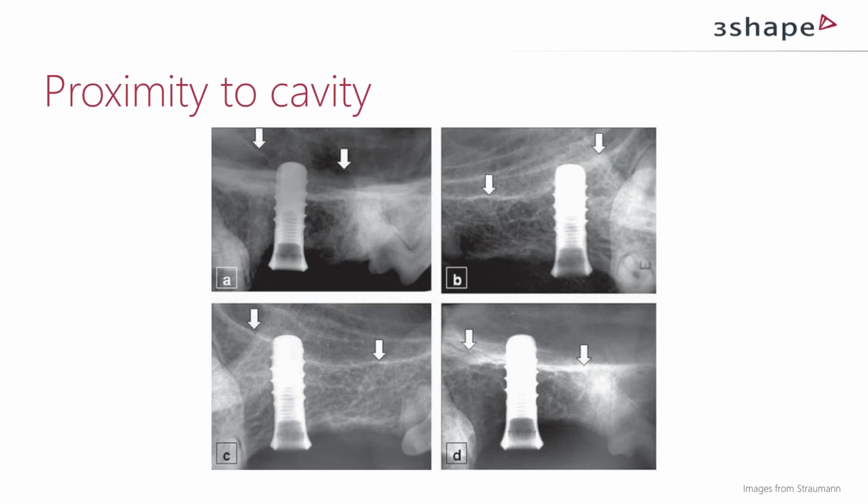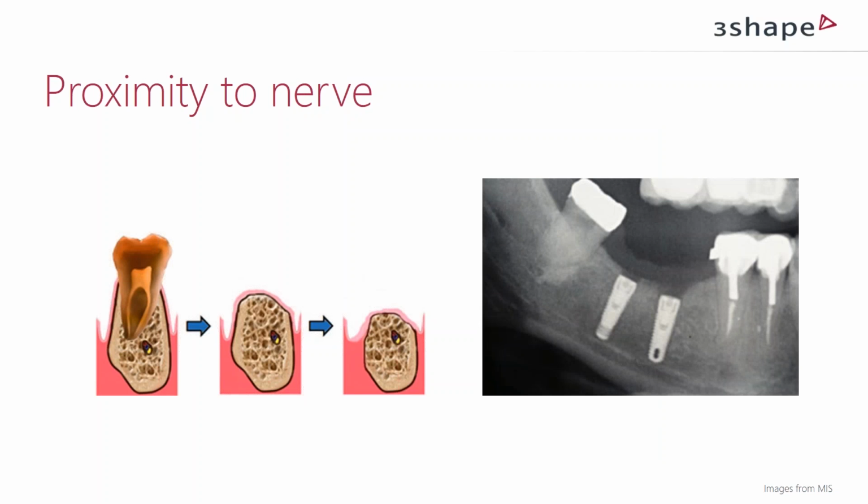So when we look at the other side of the mouth, in the lower jaw instead, we have something that actually terrifies most of us until you know where it is. So when we look at a tooth area with the mandibular bone, we can see that there is a nerve inside the bone. And what happens when we take the tooth away, because that is why we place the implant, because there is no tooth.